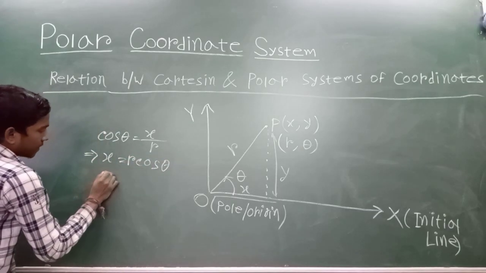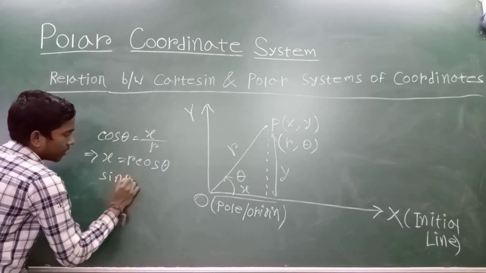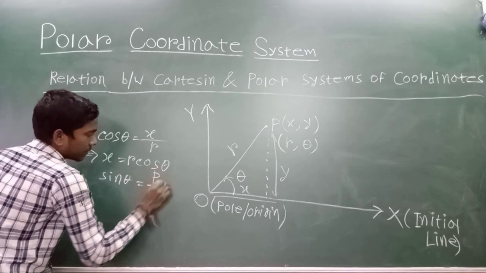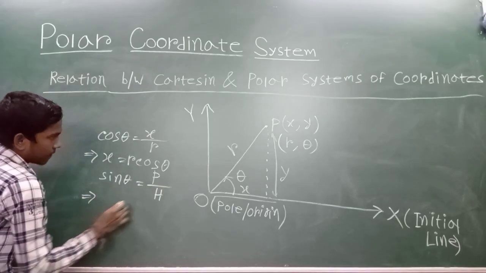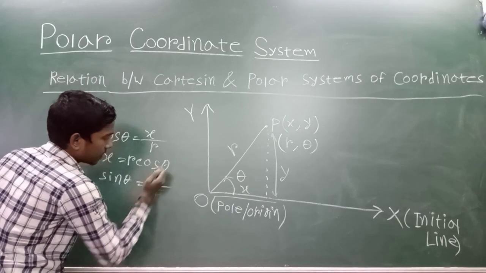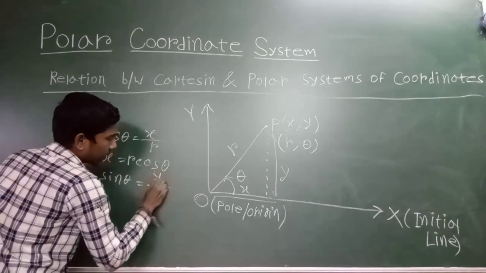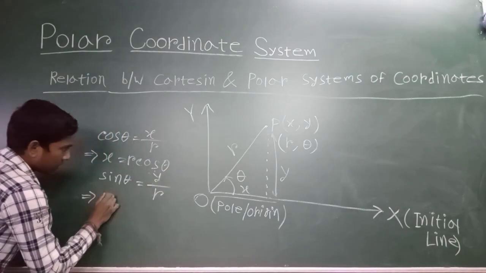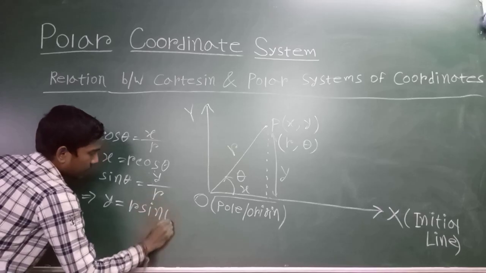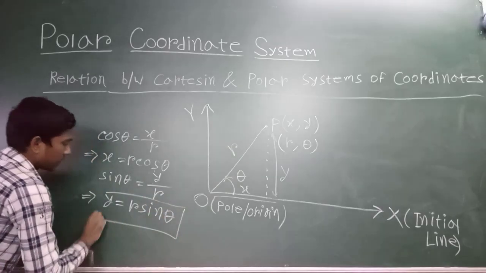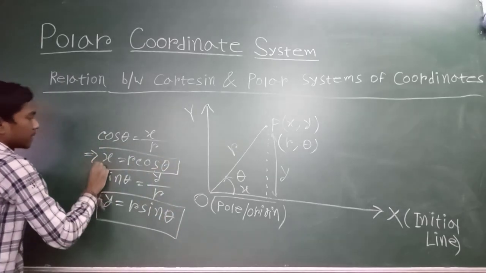Similarly, we can write sin theta is equal to perpendicular divided by hypotenuse. So perpendicular is y and the hypotenuse is r. So y is equal to r sin theta. This is the relation between these two systems of coordinates.